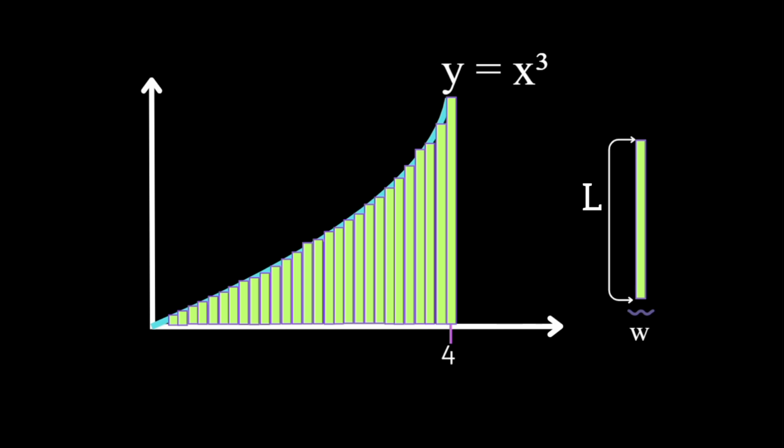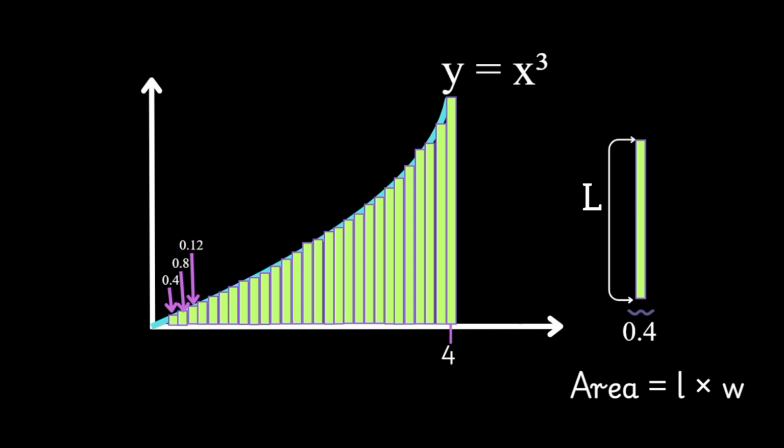Now, having these two, how do we get the area? The area shall be length multiplied by the width. Let's assume that this width is 0.4. This means that this first one shall be 0.4, then this next one shall be 0.8, this shall be 1.2, and we keep adding 0.4 until we get to this final one, of which it shall be 4.